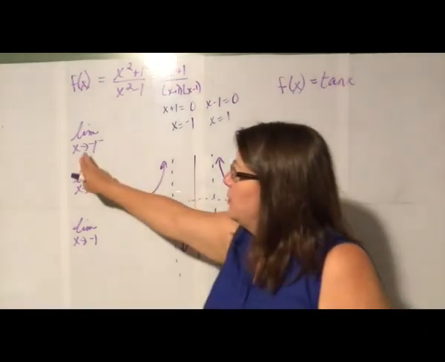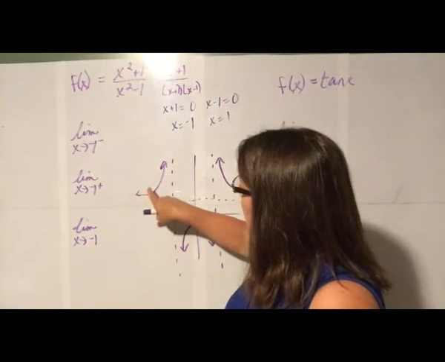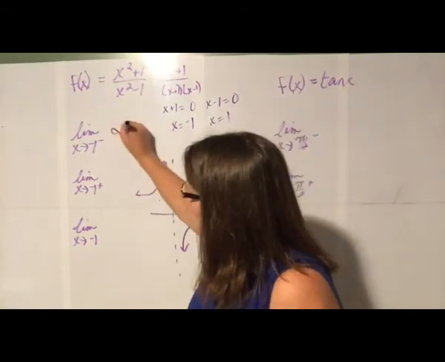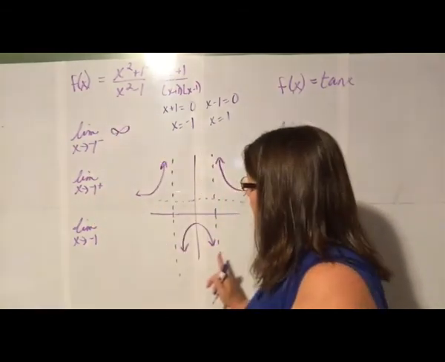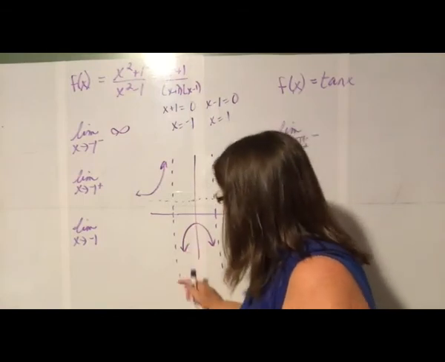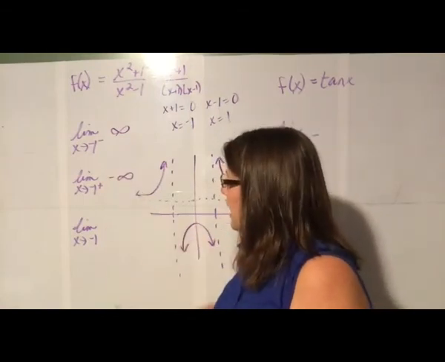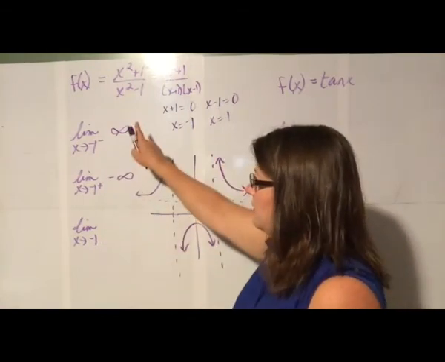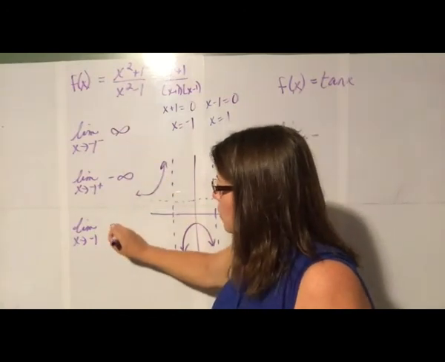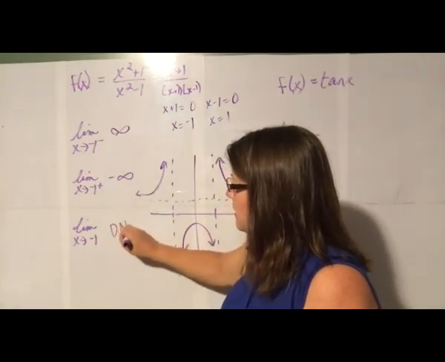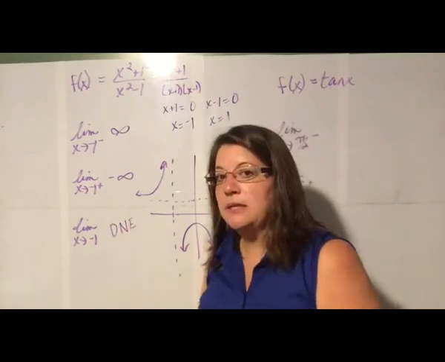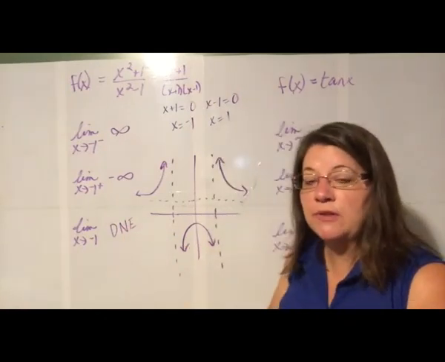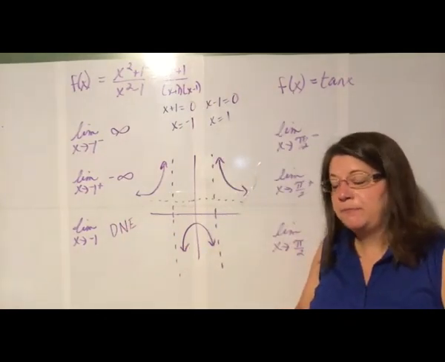As x approaches -1 from the left, going this way, it's approaching infinity. As x approaches -1 from the right, it's approaching -infinity. And as x approaches -1, since these two things are different, the one-sided limits exist, but the whole limit does not, because they're approaching two different things from each side.